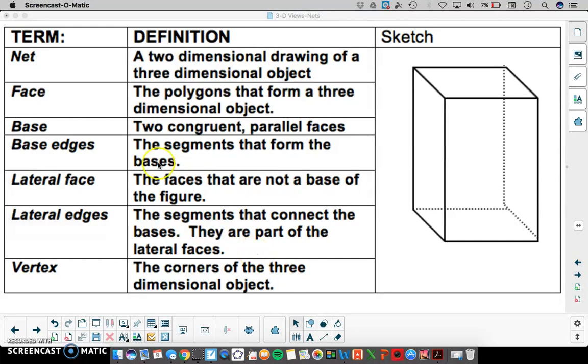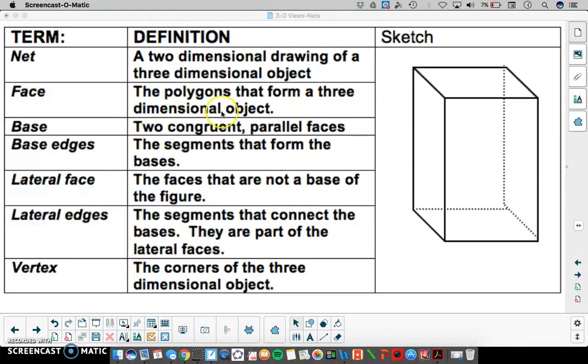Next, let's talk about three-dimensional figures. We have the net, which is a two-dimensional drawing of a three-dimensional object. It's like if we took this rectangular prism and opened it up and laid it flat. So if we just tore that box apart and laid it all connecting on the table or on the floor.